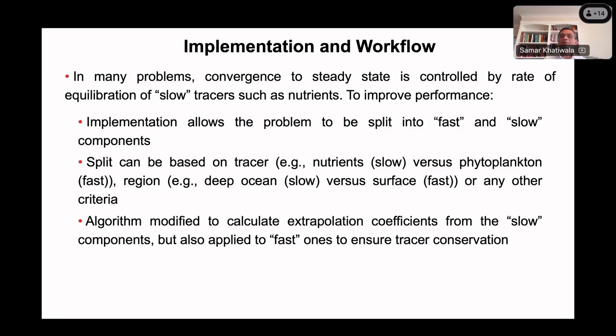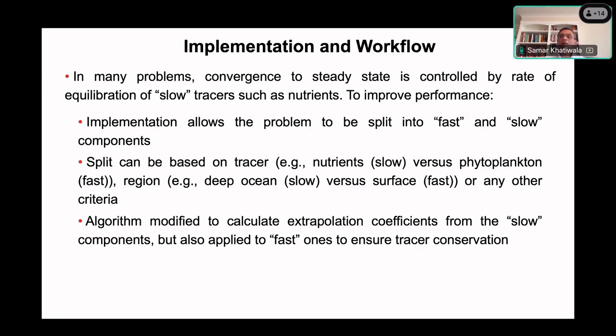On the other hand, you've got some very fast tracers like phytoplankton at the surface of the ocean that equilibrate very quickly. So it's convenient to split the problem into fast and slow components based on whatever criteria you have. And then you apply Anderson only to the slow components, which you're completely free to pick in any way you want. For example, deep ocean nutrients.